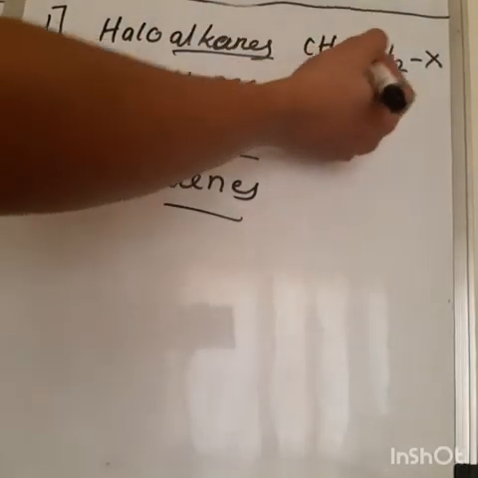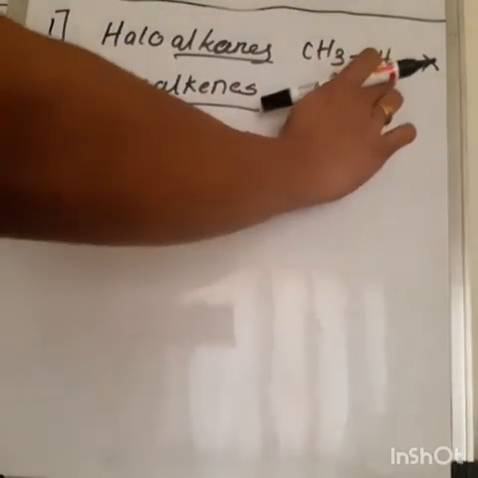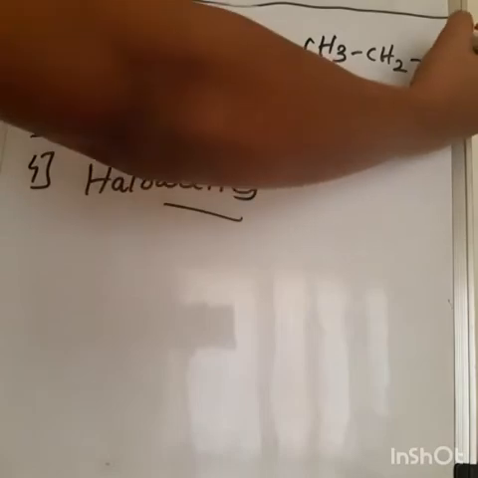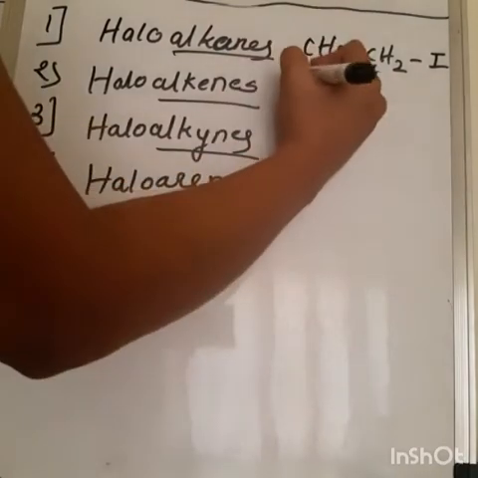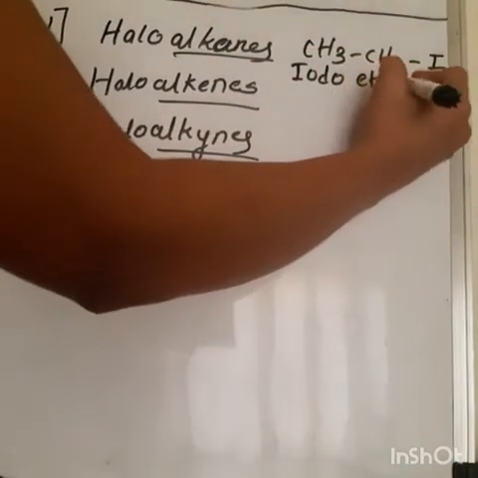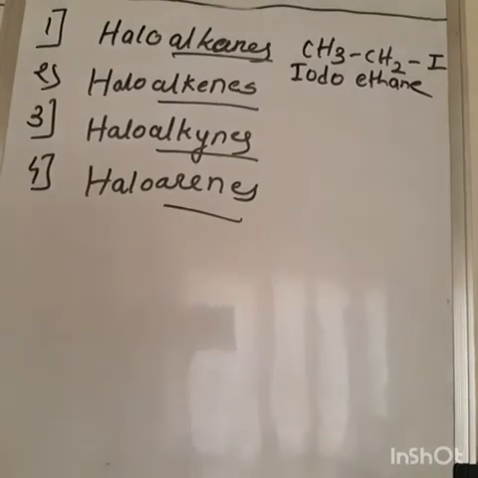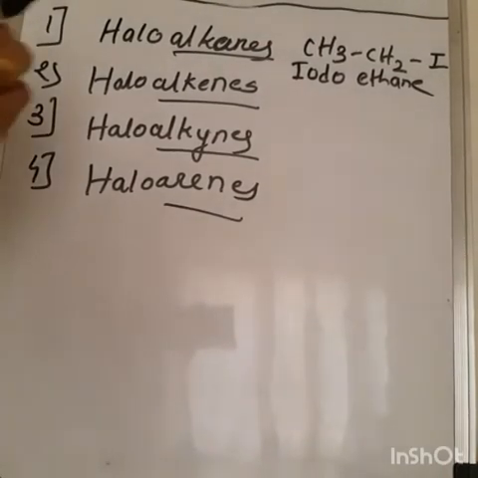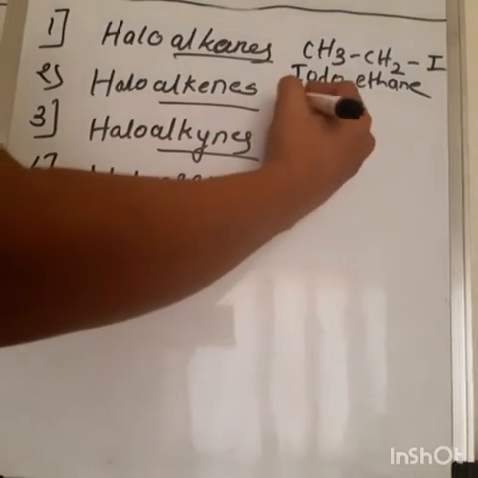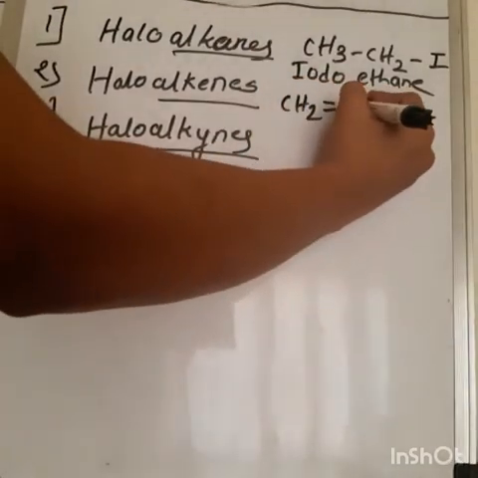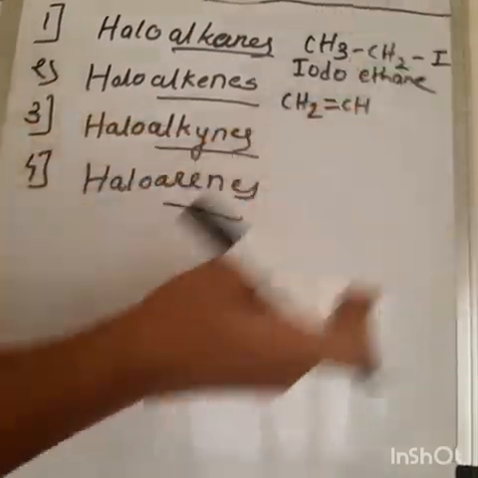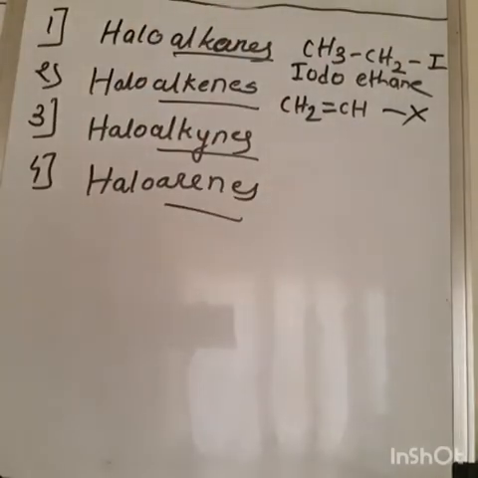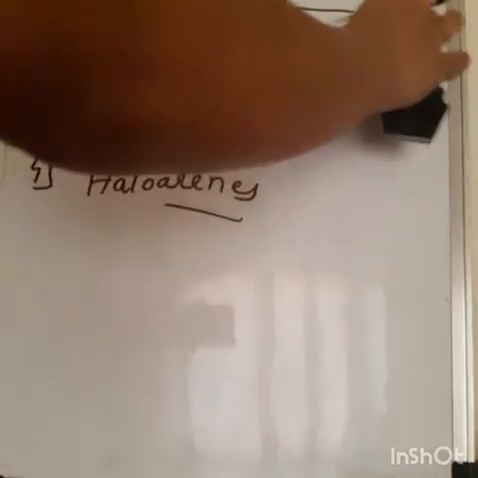So let us see ethane. From ethane, one of the hydrogens is replaced by, suppose, iodine. So it becomes iodoethane. Okay. Next is haloalkenes. Let's see one example, CH2 double bond CH2. Whenever one of the hydrogen atoms is replaced by a halogen, it becomes a haloalkene.